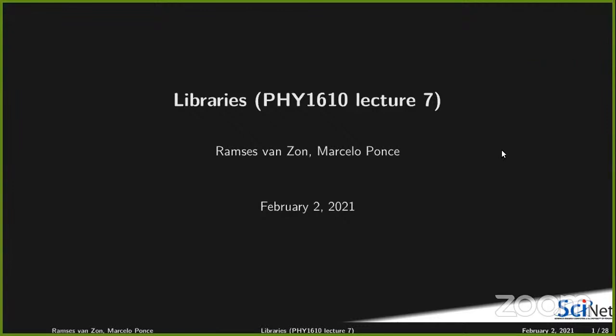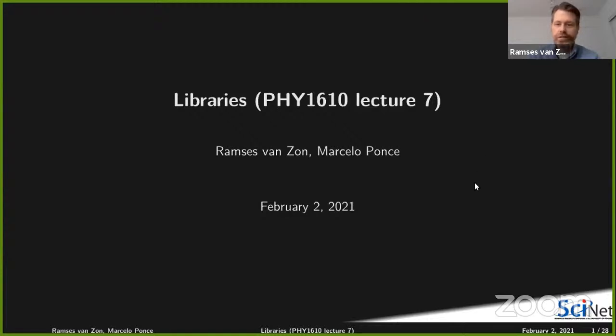Okay. All right. So today we are going to look at libraries, and not the kinds that have a bunch of books in them, but software libraries and how they fit into the scientific computing landscape.